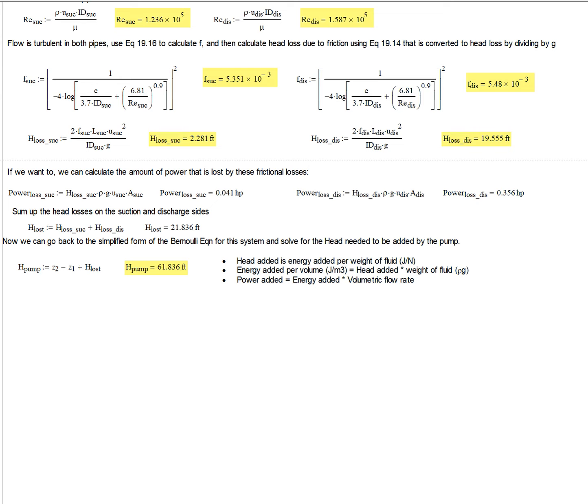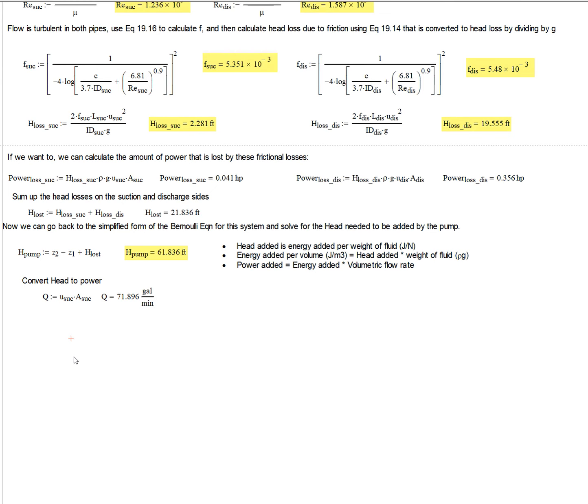And so to do that, we can calculate first the volumetric flow rate. We are given, and we can use either the suction side or the discharge side, because remember the mass flow rate is constant, it's an incompressible fluid, and so the volumetric flow rate is equal.